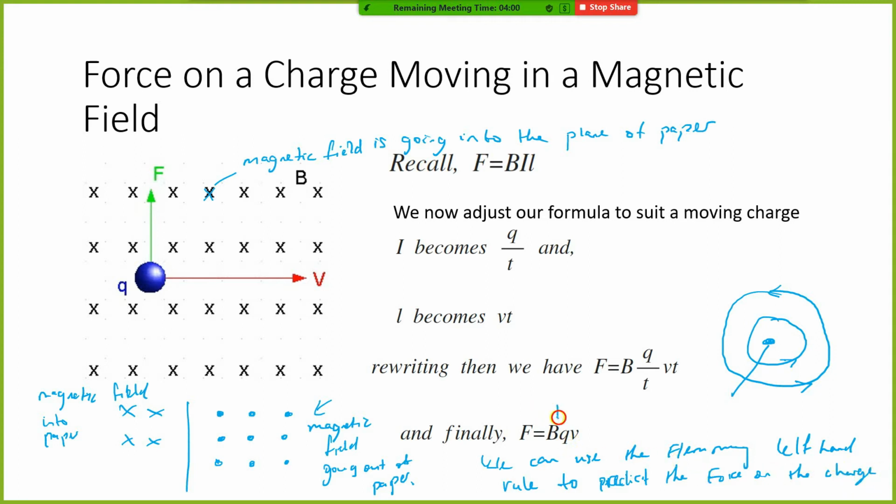So just remember now that this B field is your first finger and the velocity is the second finger. Force is going to be the thumb. All right? Are we clear?